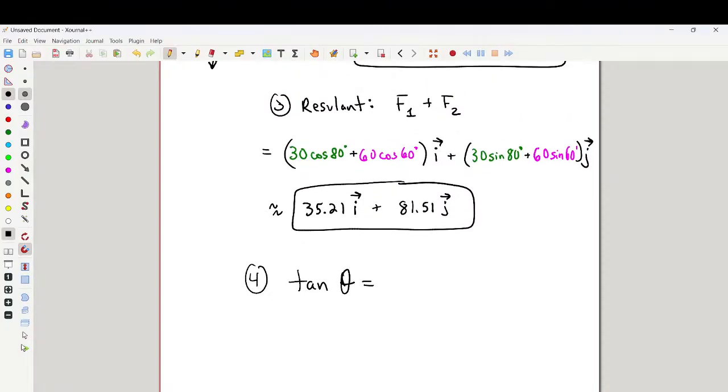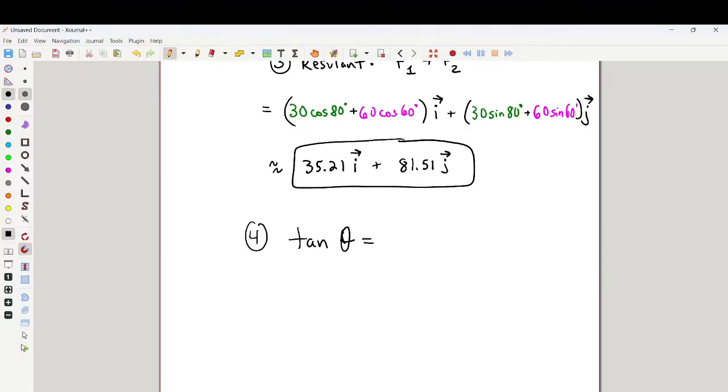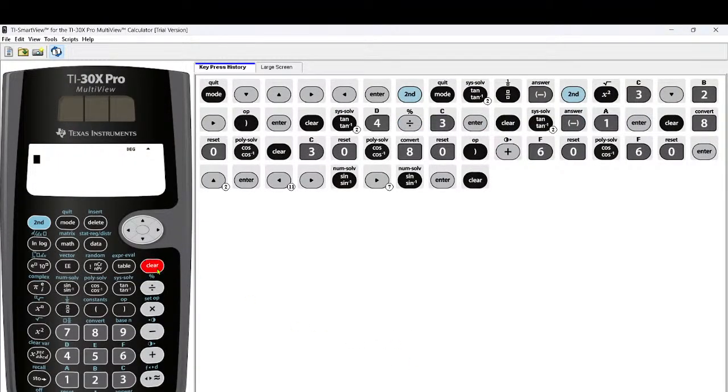Tangent of theta, we would take the horizontal component, 81.51. So actually it is an approximation, but will be good enough. 81.51. Put it over your horizontal component. Do I need to add 180 to this answer?